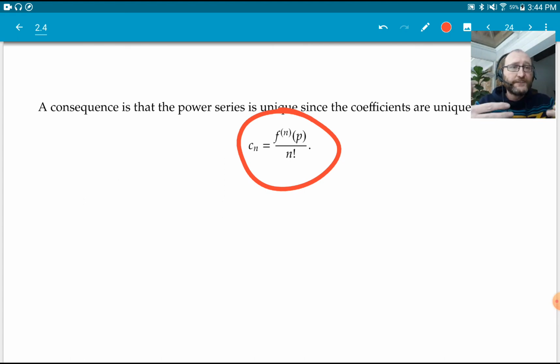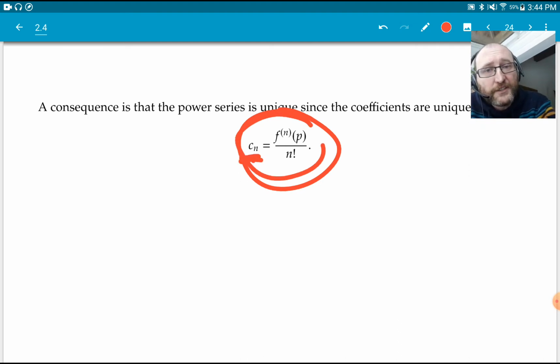So two different series cannot converge to the same function, because I get the coefficients in terms of the function. I can't choose different coefficients. Different coefficients will go to a different function, because it will have different derivatives. So that's a neat result from being able to differentiate.